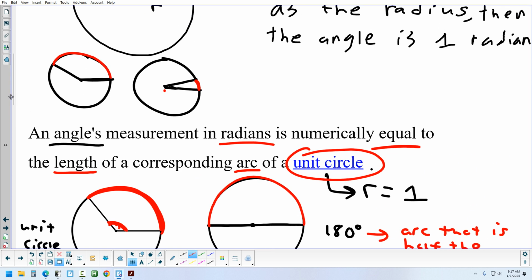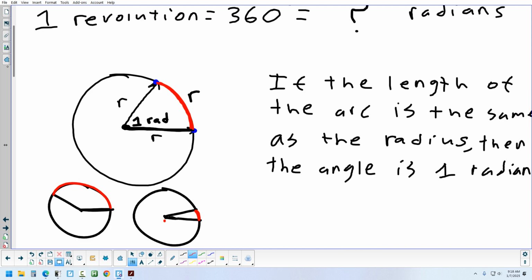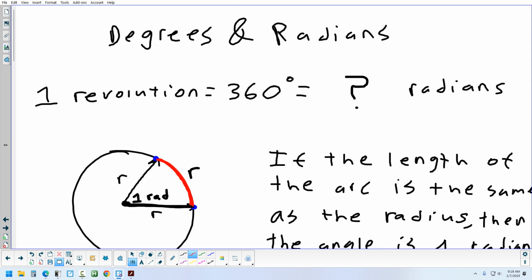Remind me again, what did we say the length of the arc is the same as? The length of the arc is the same as the angle measured in radians. So if the length of the arc is 2 pi, then the measure of the angle in radians is also 2 pi. That's how many radians it takes to go all the way around the circle. 2 pi.